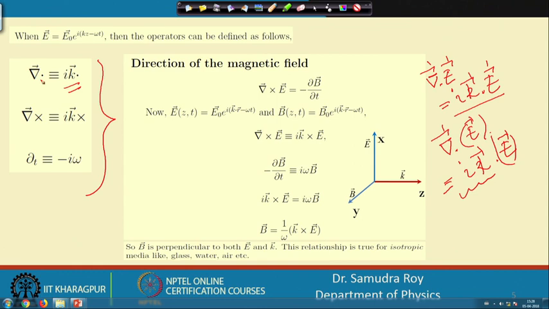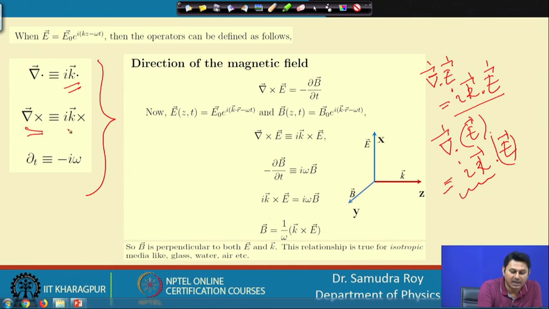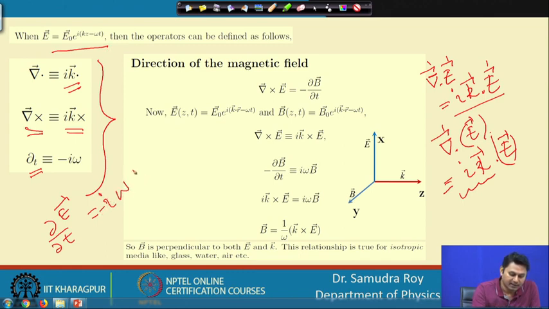In a similar way, if I make a curl operation over that, I will have these things, and if I take a derivative with respect to t of this quantity E, then what happens? If E has this particular form, we have minus i omega times E. This minus sign is because we have kz minus omega t.